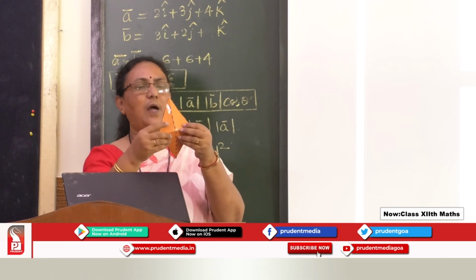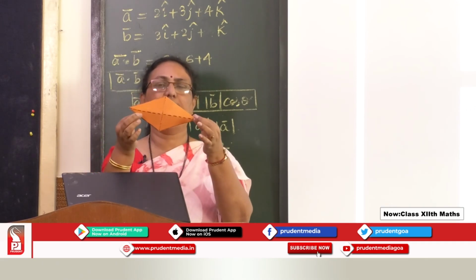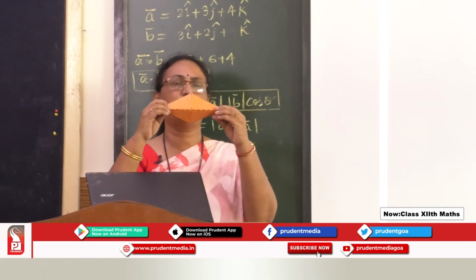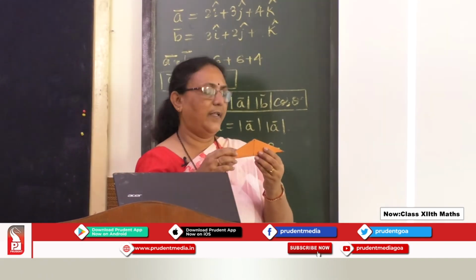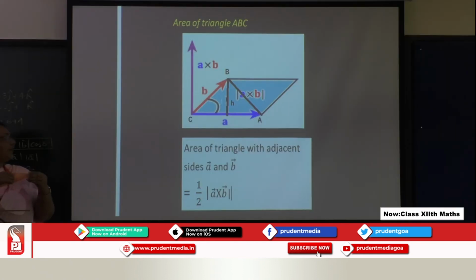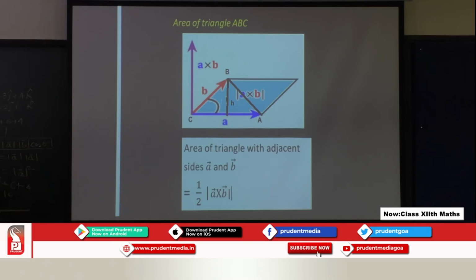So the parallelogram is nothing but a combination of two triangles like this, or it can be like this also. So the area of the parallelogram and the area of the triangle are related. How are they related, you understood? This is double of this, you will get a parallelogram.